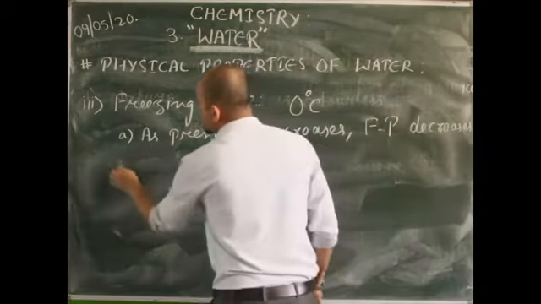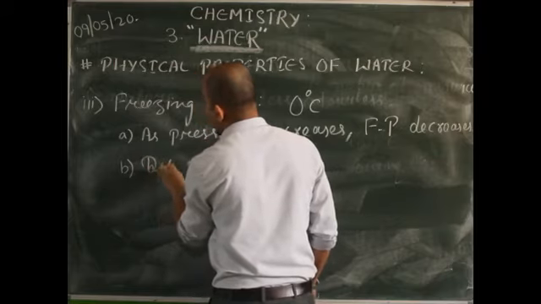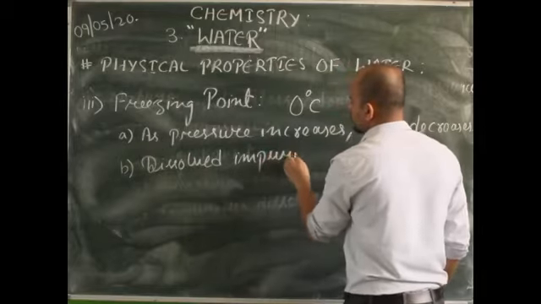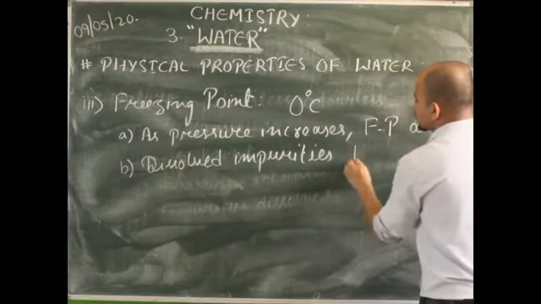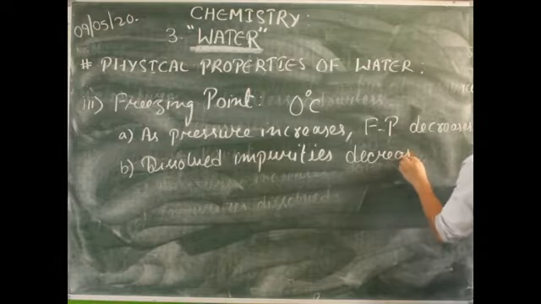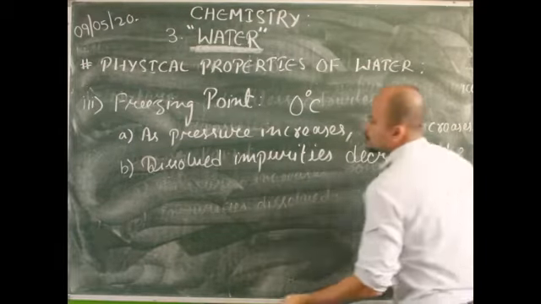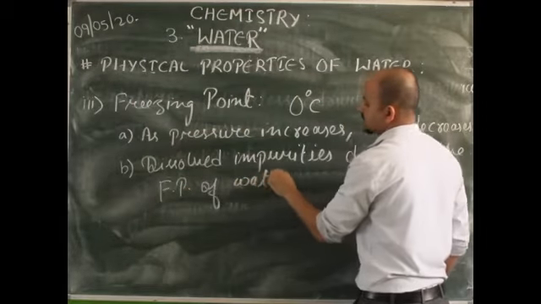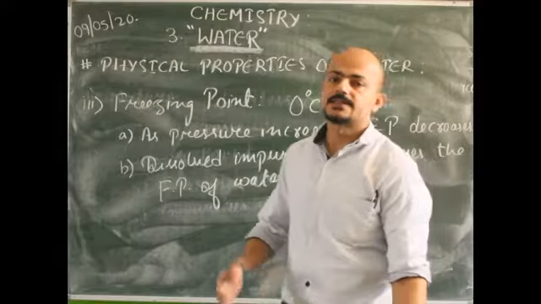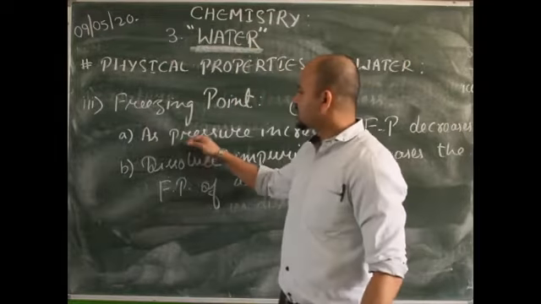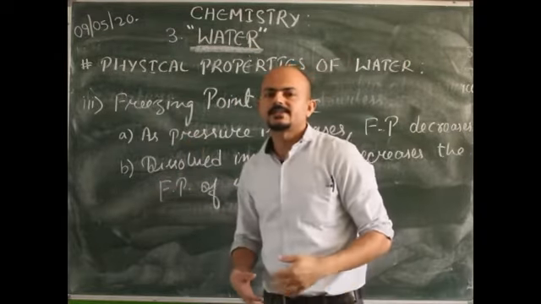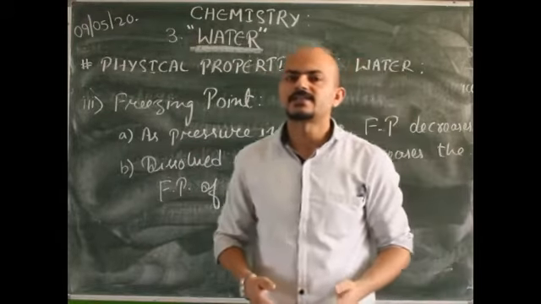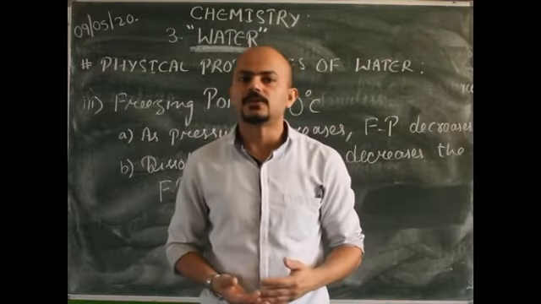And also the dissolved impurities decrease the freezing point of water. Okay, so this is just the opposite. Pressure and dissolving impurities, in case of freezing point, it's just the opposite of what it was in boiling point of water.